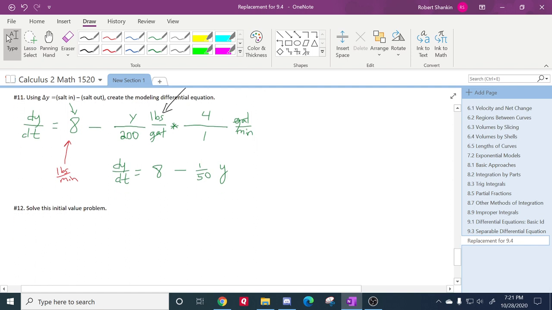So that's the differential equation. Now, we put that together with the initial condition to solve this initial value problem. Remember, the initial condition was y(0) equals 50. Together, it's an initial value problem.